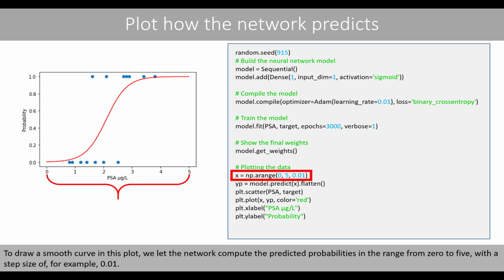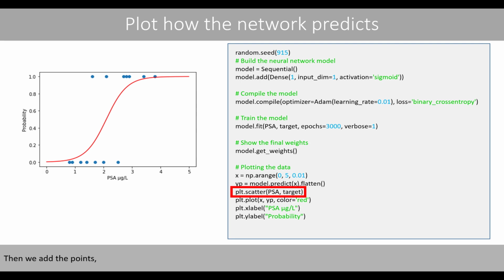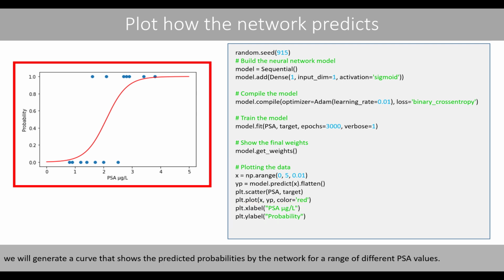To draw a smooth curve in this plot, we let the network compute the predicted probabilities in the range from 0 to 5 with a step size of, for example, 0.01. Then we add the points, the curve, and some labels on the axis. If we run this code, we will generate a curve that shows the predicted probabilities by the network for a range of different PSA values.